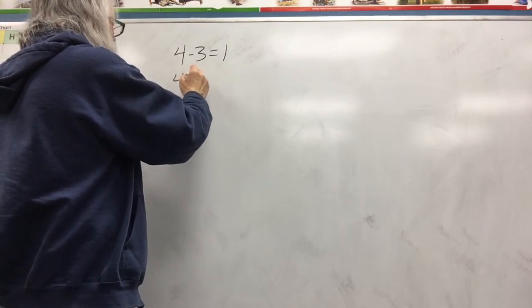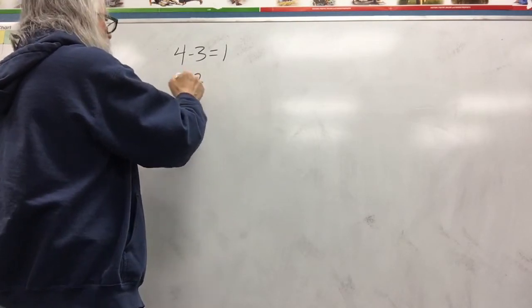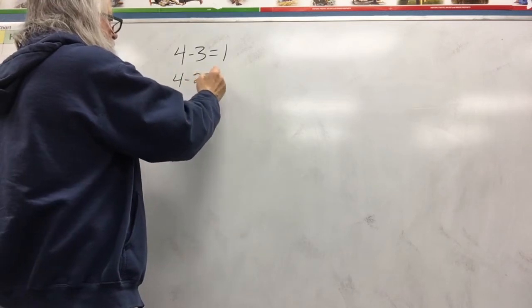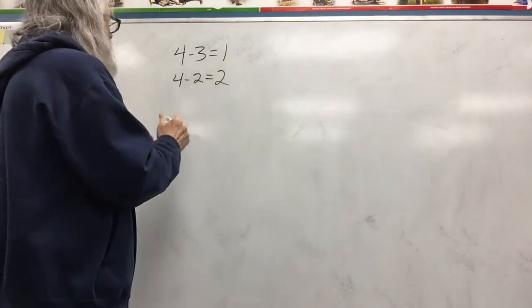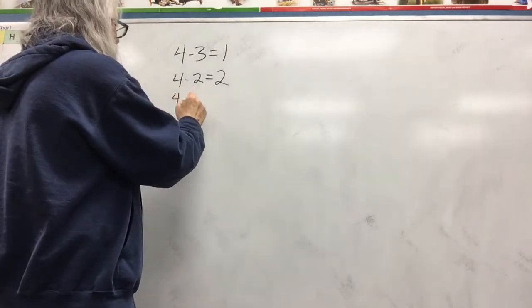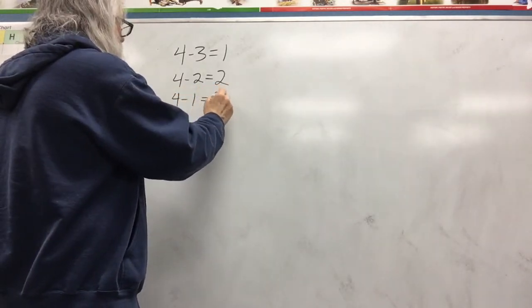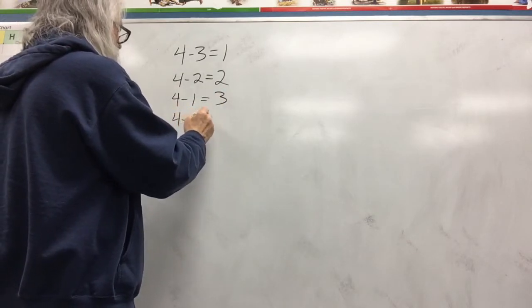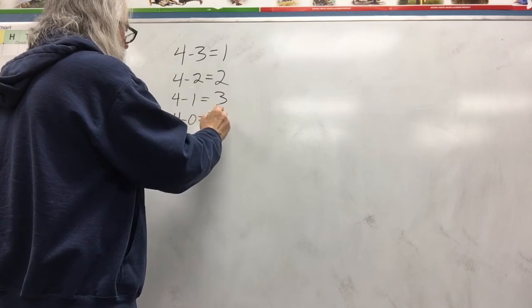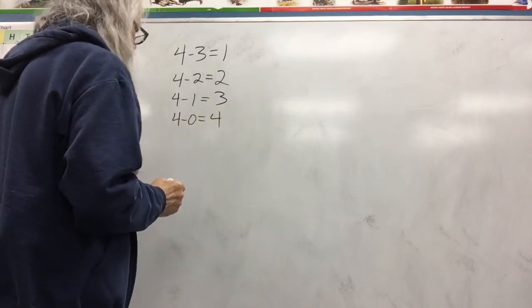Then they have 4 minus 2, so they're 1 less here. So we're taking away 1 less, so we're going to have 1 more. 4 minus 1 is 3. 4 minus 0 is 4.